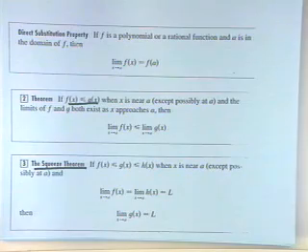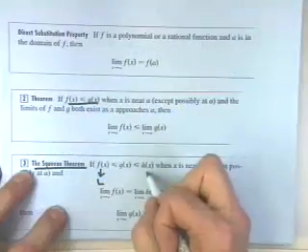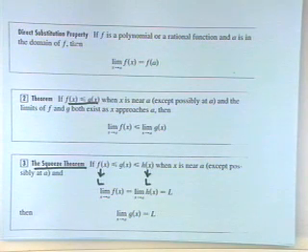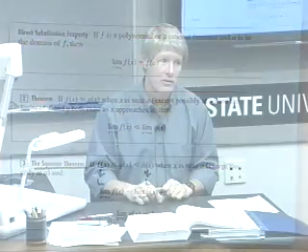If we know that f of x is the lesser function, we go up a little bit, and there's the g of x, and we go up a little bit further, and there's the h of x. And we know that the limit of the f of x is L, and we can also determine that the h of x also has limit L. What does that tell us has to happen with the g of x?